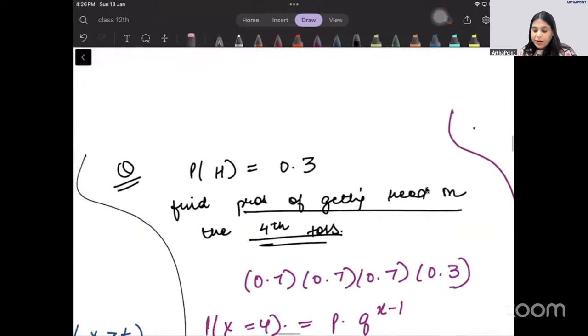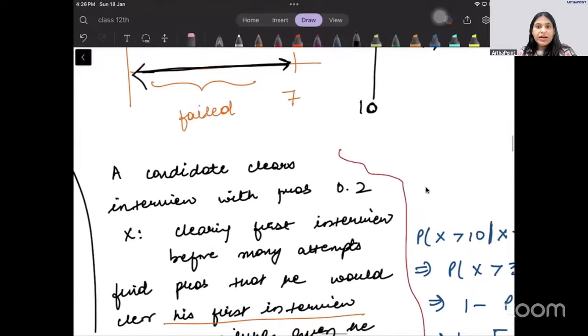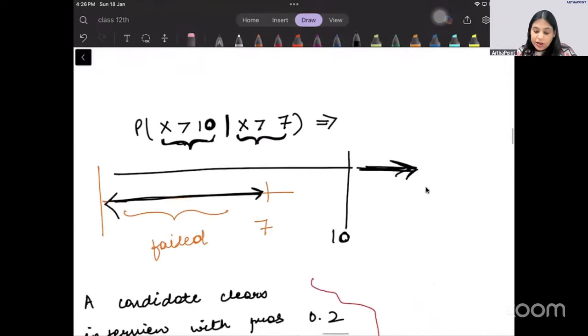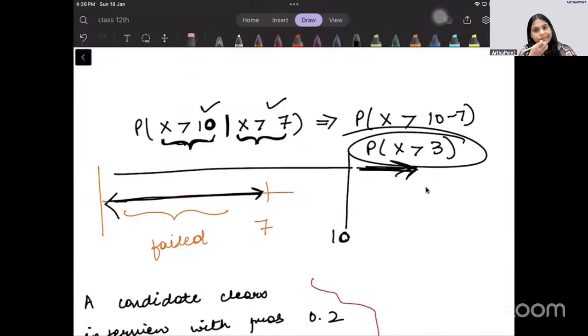So whenever we have to find such a conditional probability in geometric distribution, we just say this is equal to probability x greater than the difference, 10 minus 7. So this becomes probability x greater than 3. This is what we have done. We have found probability x greater than 3 directly. In fact, there is another formula which you can use for geometric distribution.